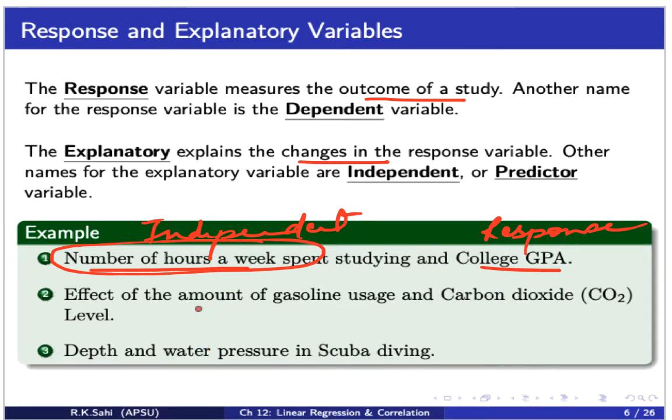Similarly, consider the effect of the amount of gasoline usage on the carbon dioxide level in the atmosphere. The amount of gasoline is the independent variable, because the more gasoline we use, the more carbon dioxide we are putting up in the air. So the carbon dioxide level is the response variable.